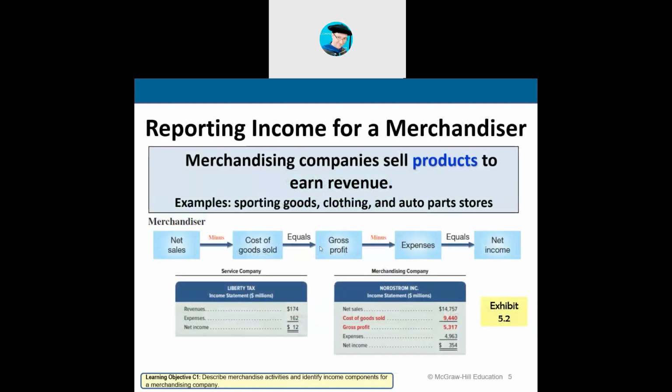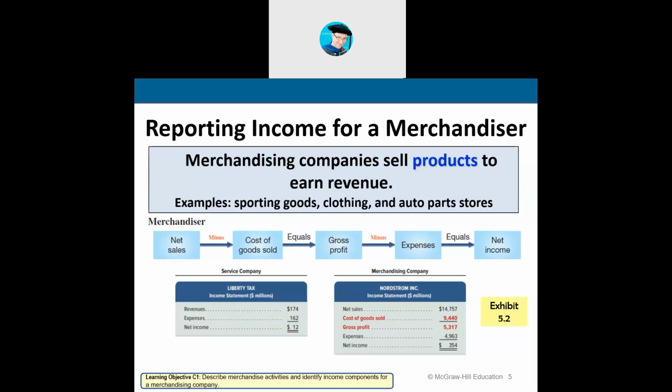Very straightforward. It gets a little bit more complex for a product business, as you would expect. A merchandise business or a retailer sells products to earn revenue. Makes perfect sense, right?